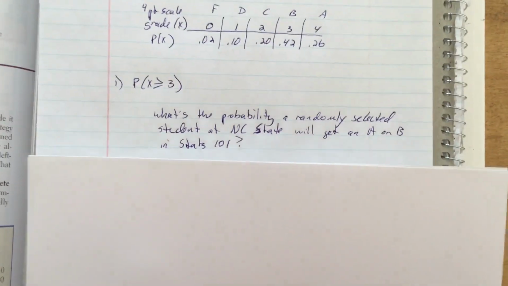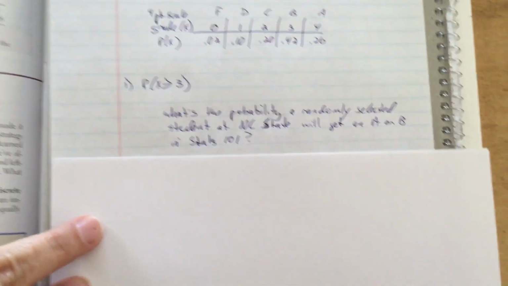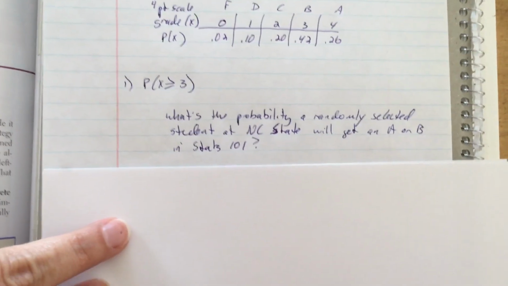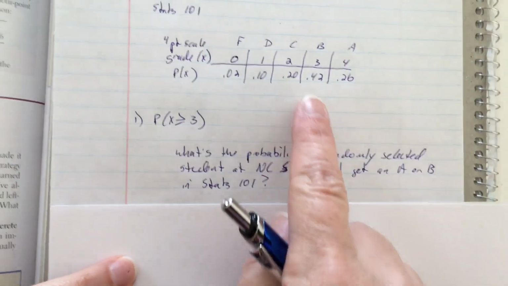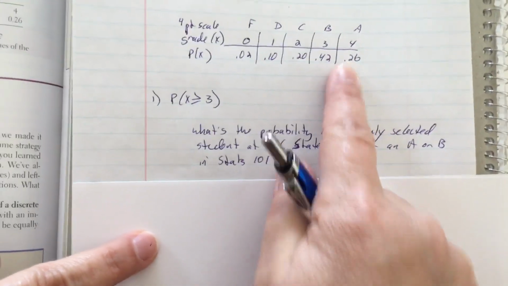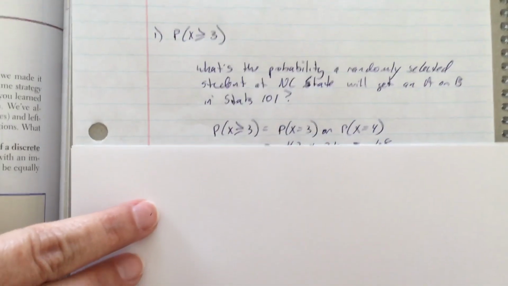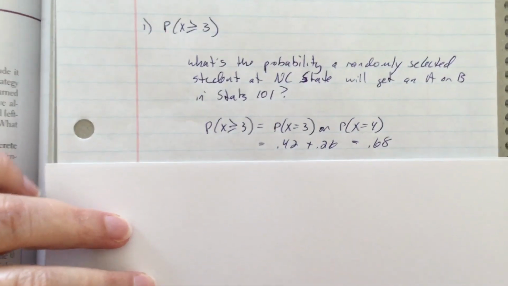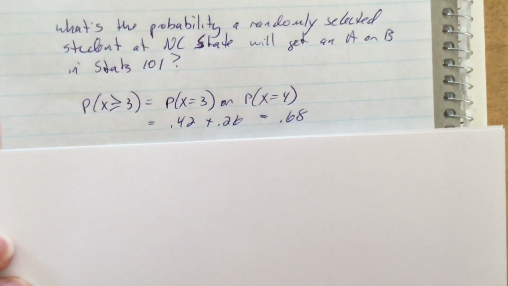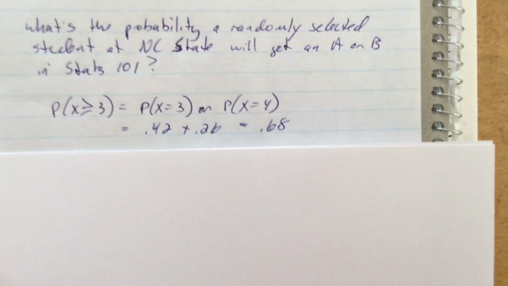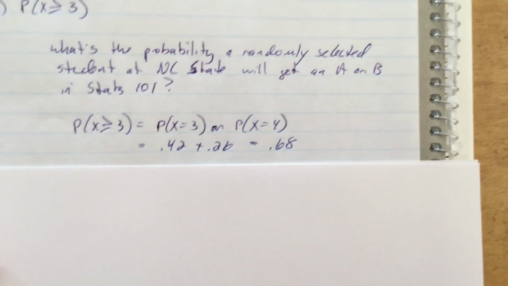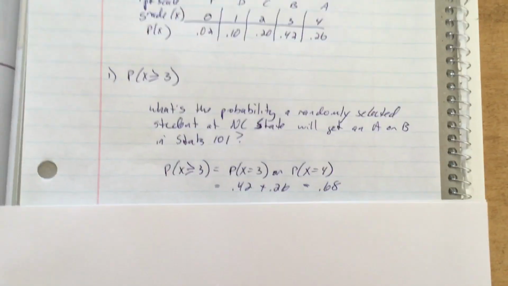In terms of our probability, it's the probability that X equals 3 or X equals 4. Of course, or is plus, so we just add those two probabilities and we get 0.68 that a student's going to get an A or a B, or a random variable greater than or equal to 3.